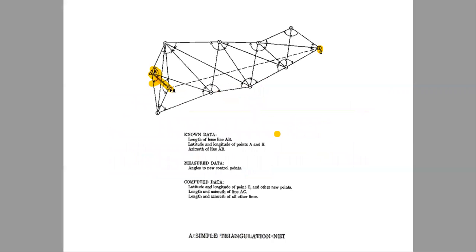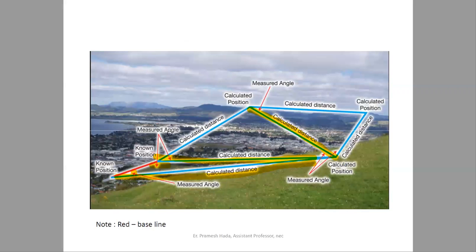Suppose we know a, b and the other lengths. Here you can also visualize easily that if we know the coordinate of this point, this length and these angles, then we can locate these points using basic trigonometric relations. We know the distance from here to here and the angle also, so we can transform them.